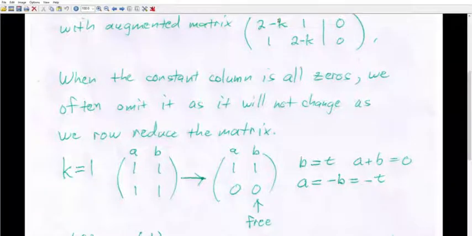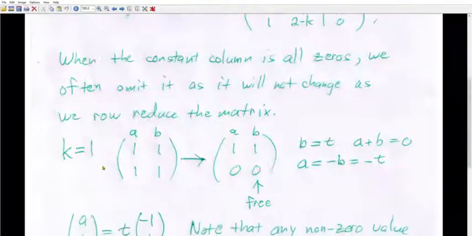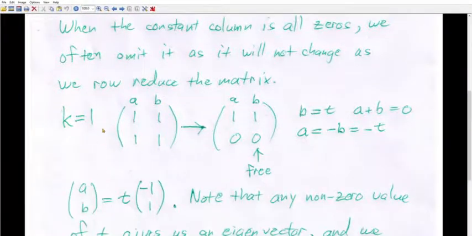Okay, so let's look at what happens when k equals 1. When you put in k equals 1, you get 2 minus 1 or 1, 2 minus 1 or 1. So for k equals 1, your matrix is 1, 1, 1, 1, where that's the A column, that's the B column. Row reduction here is really pretty easy. You take the first row and subtract it from the second row, and you're done.